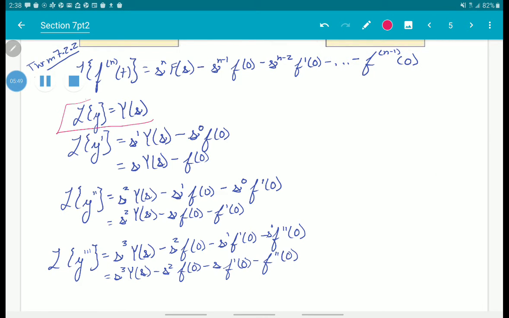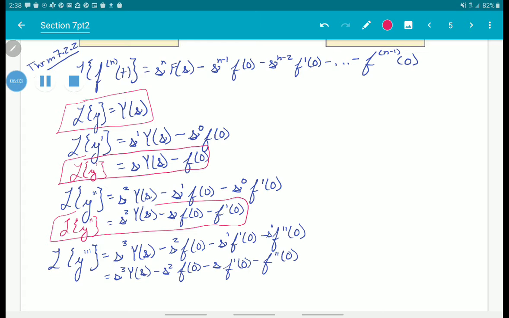This one's kind of important. That one's important. That one's important. Using those simplified versions of those.